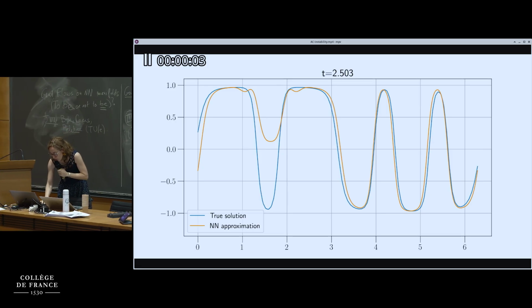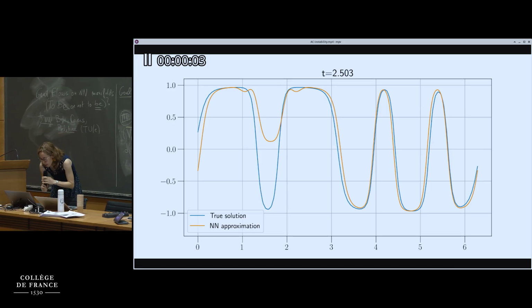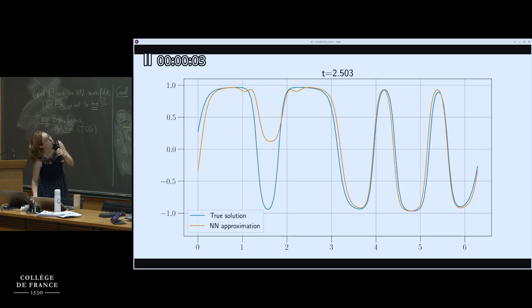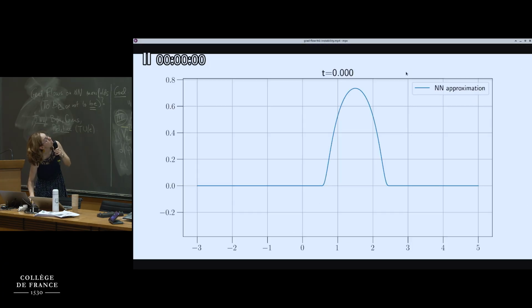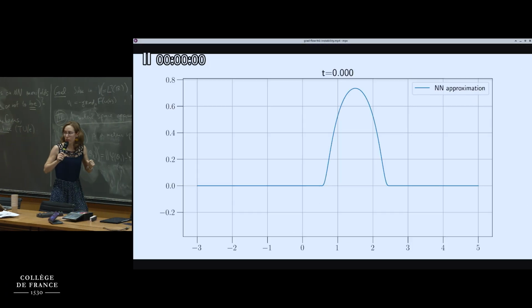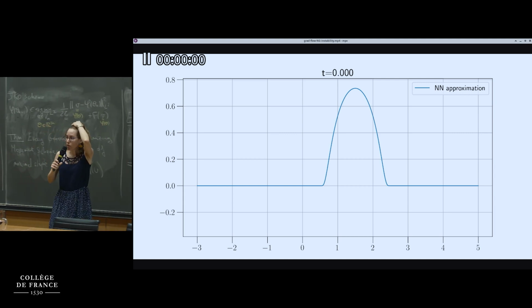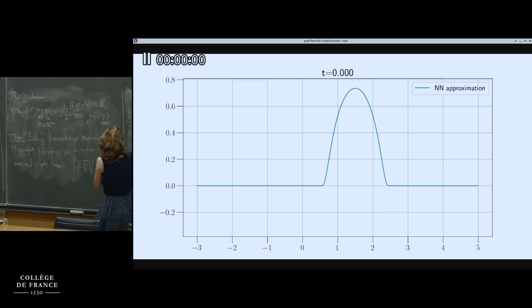And I would like to show you another example where we can see clearly the thing doing nonsensical stuff. So this is a handcrafted gradient flow, and we are going to solve it with the naive approach.